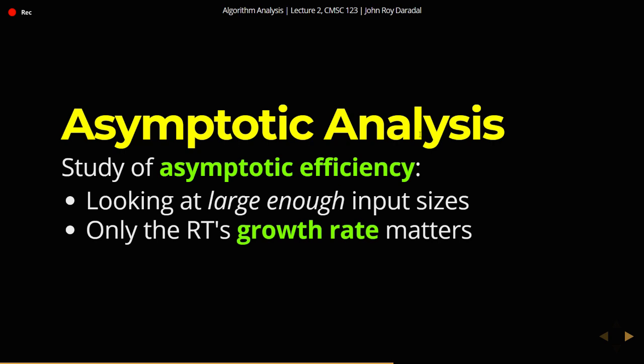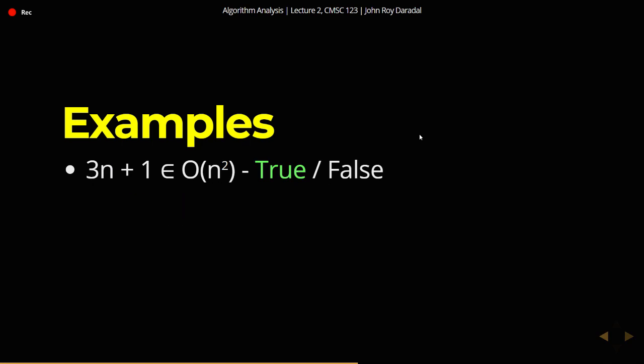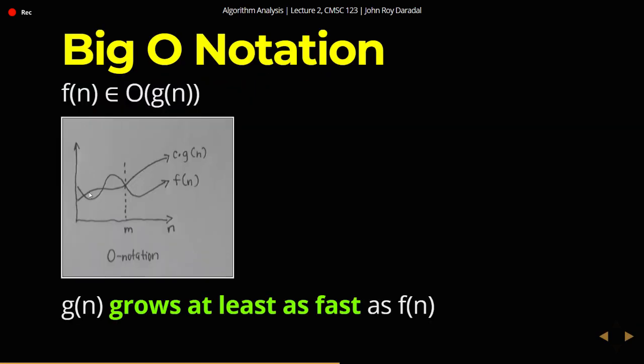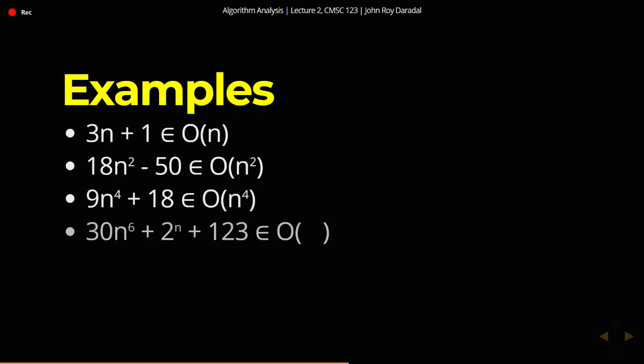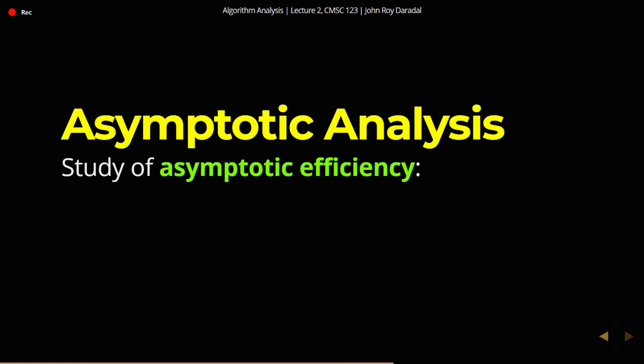If you recall from this figure earlier, we really don't care about the small input sizes. We only care about big enough input sizes, for example after m, such that only the growth rate matters. Okay, so that is your asymptotic analysis.